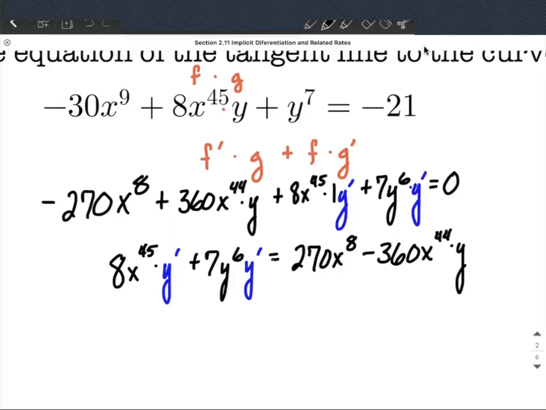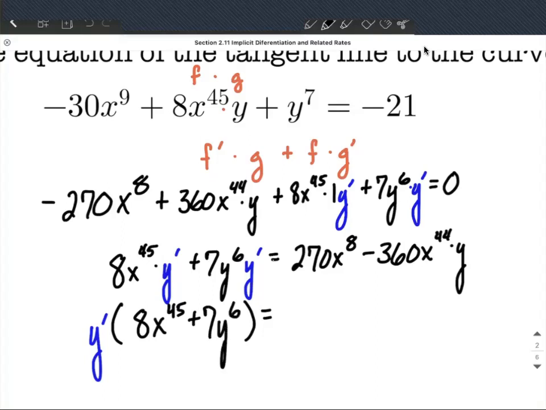Now on the left-hand side, both of those remaining terms have something in common. They both have a y prime. So I'm going to factor out that y prime from each of those terms. What that leaves on the inside of the parentheses is 8x to the 45th plus 7y to the 6th power. The right-hand side did not change in that step, so I'm just copying it back down.